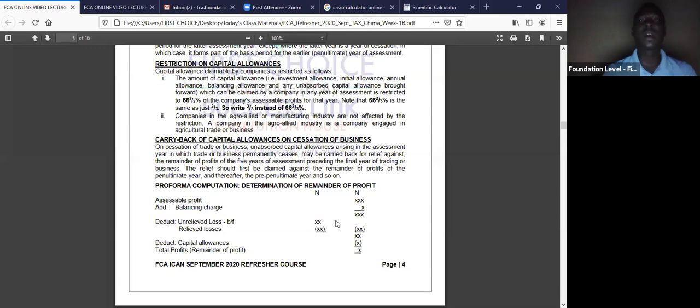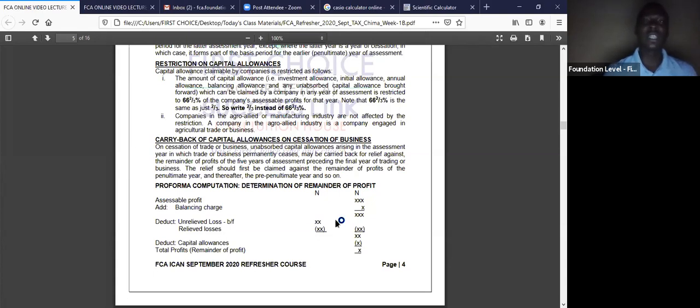They are giving you an easy landing that instead of you paying tax to us, clear off your capital allowances and anything that is remaining, you can pay tax on to us. So the government in their benevolence is doing that. They will say, instead of taking all the money you made in claiming capital allowance, just take a portion. So that portion that you are taking is 2/3 of your accessible profit.